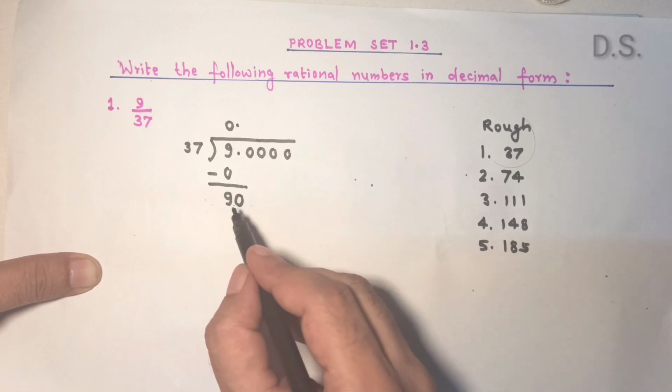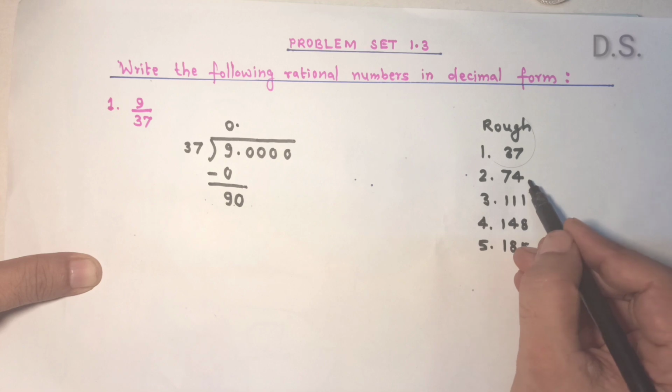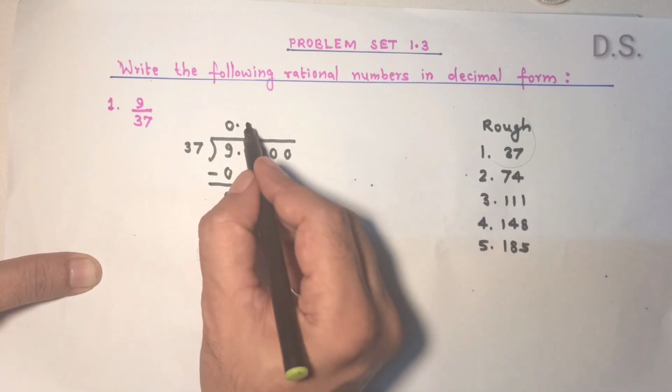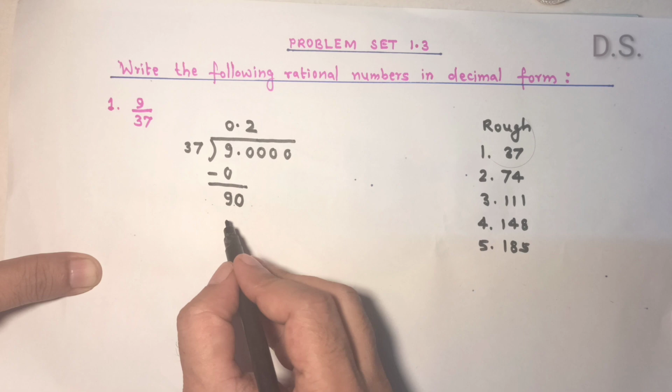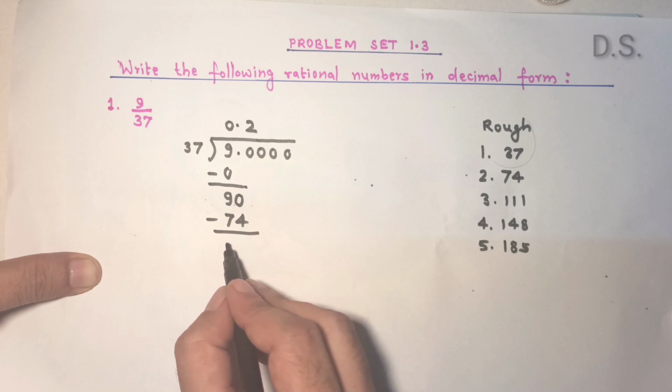When I see 90, it goes 2 times, because 111 is more, 3 times is more, so only 2 times. I write 74 here and subtract. I get 16.